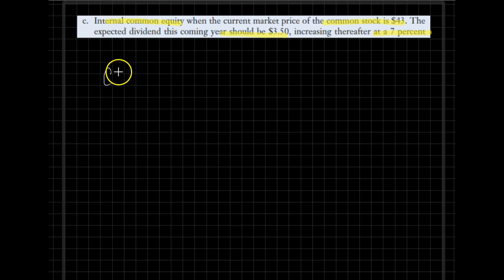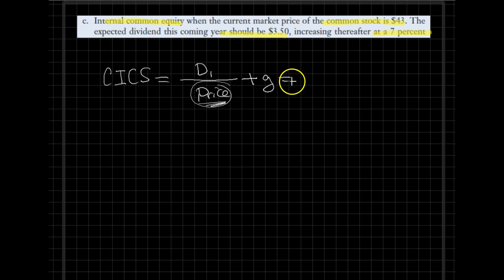that the cost of internal common stock is equal to D1 divided by price. Notice that I do not have to worry about flotation costs here, plus the growth rate. We are told that dividends are expected to be $3.50 in the following year.